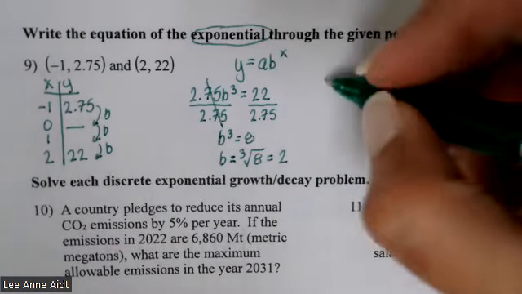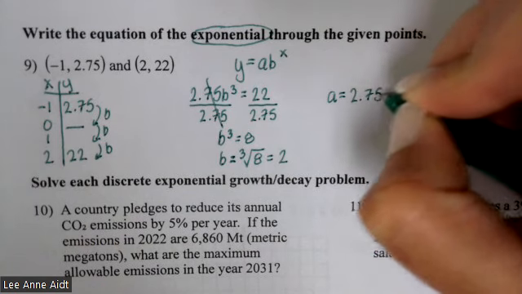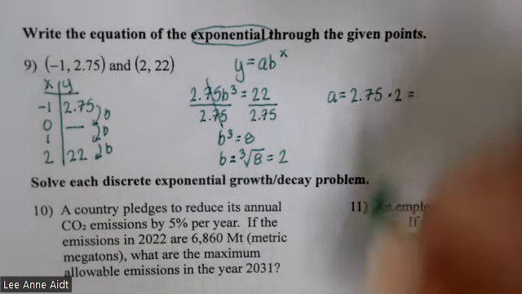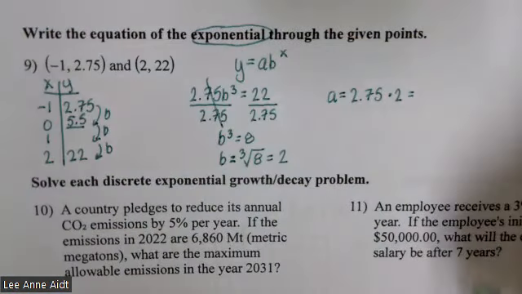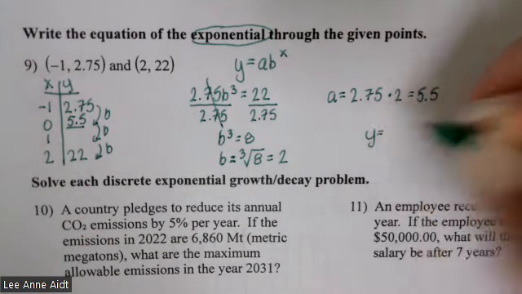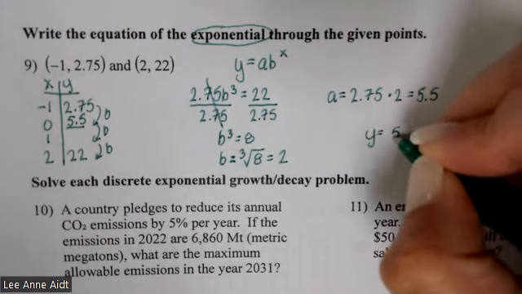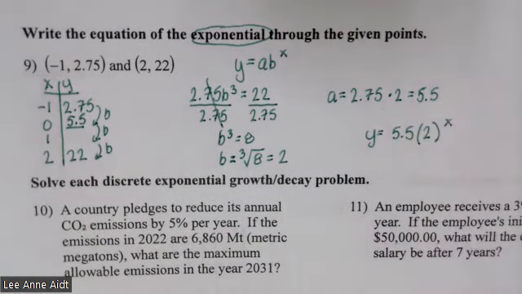So a equals 2.75 times 2, which is 5.5. Is it 5.5? Anybody? Thank you. So y equals 5.5 times 2 to the x.